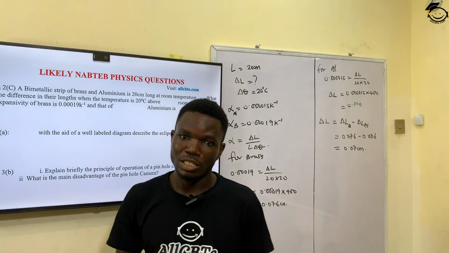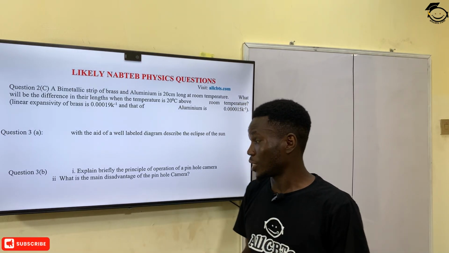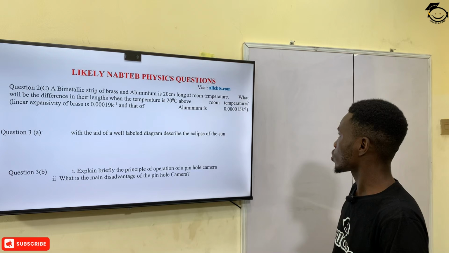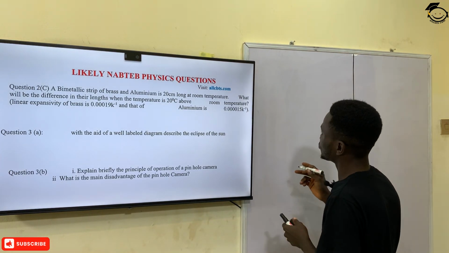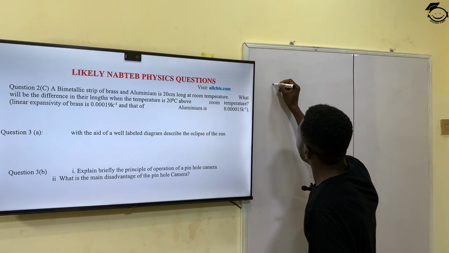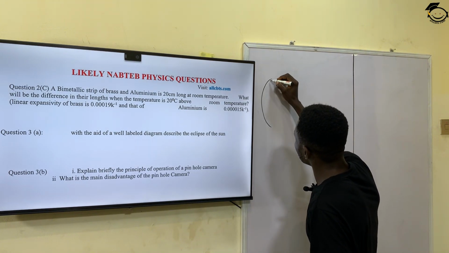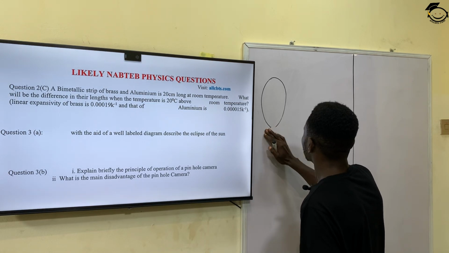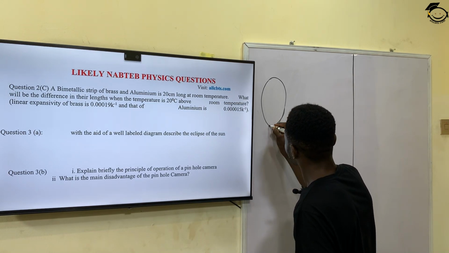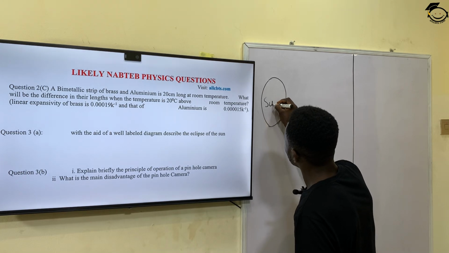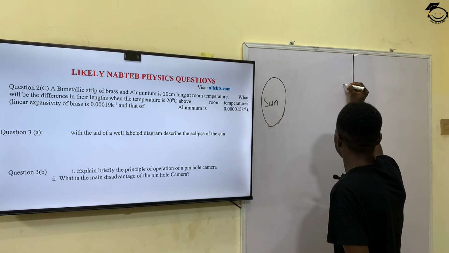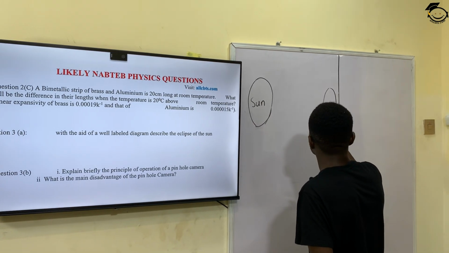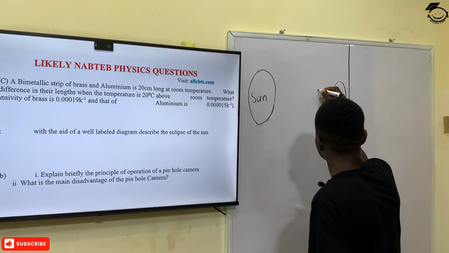Moving on to question number 3a, it says, with the aid of a well-labeled diagram, describe the eclipse of the sun. So eclipse of the sun happens when the moon comes between the sun and the earth. So if this is the sun, and this is the earth, then this is the moon.